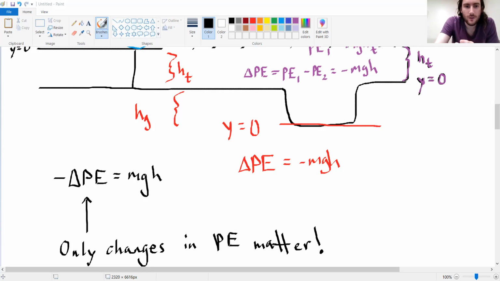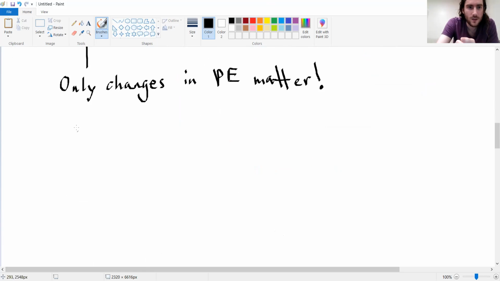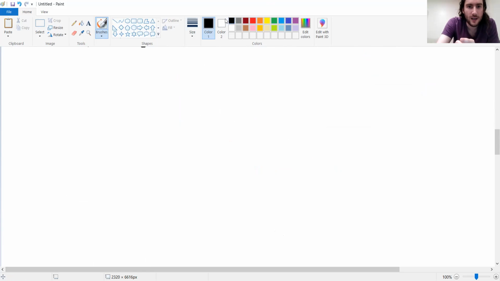I may need to reopen the textbook here to pull up an example, or maybe I can just come up with some numbers myself here. So here's an interesting question that often is asked. So suppose we have a ball here, has a mass m, and it falls.